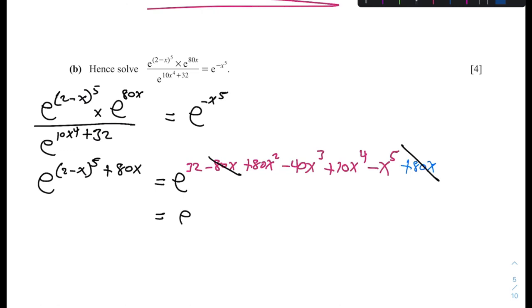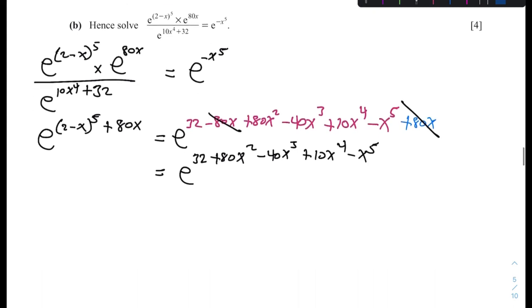Okay, so that means that our numerator is now 32 plus 80x squared minus 40x cubed plus 10x to the fourth power minus x to the 5th. Well, this thing that we have is being divided by the denominator, okay, which is this. What do we know about division? Indices says subtract the powers, so that means that we have e, then this power.